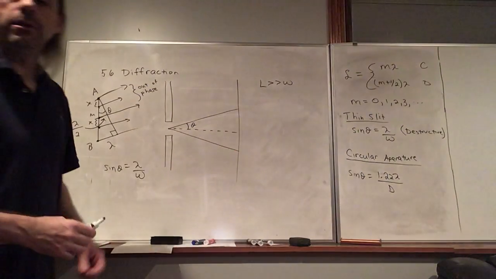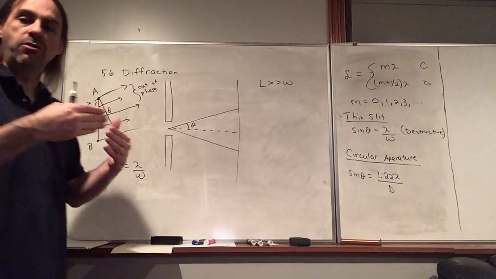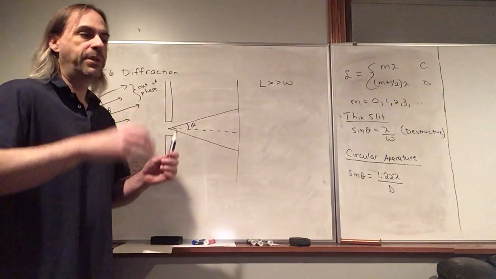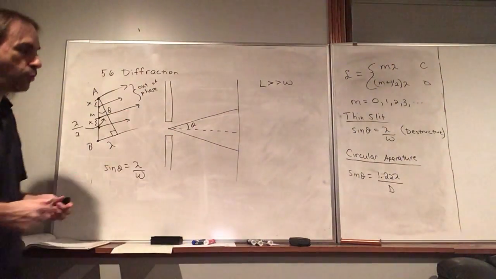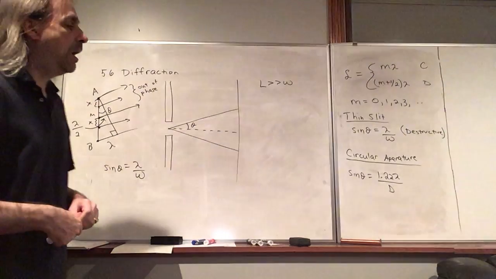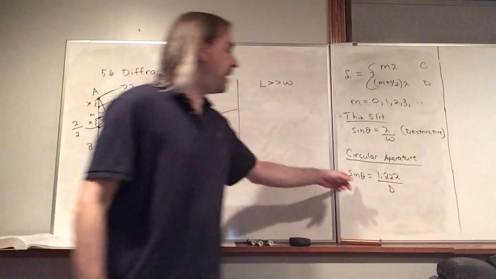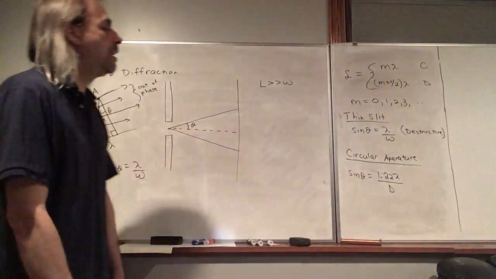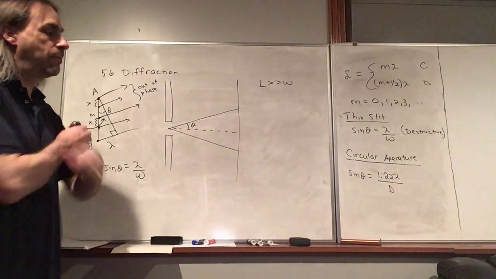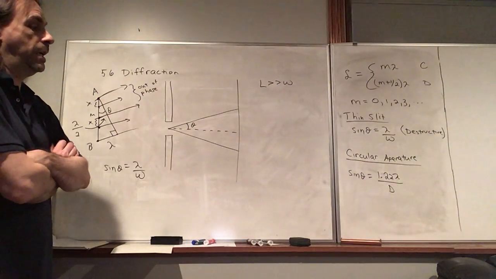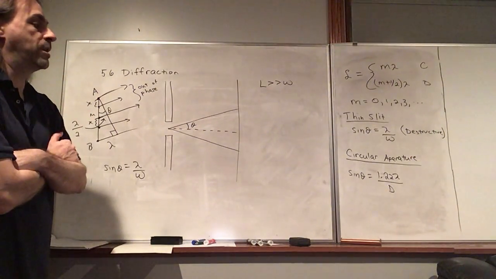It involves calculus. You have to look at a plane wave, which is a two-dimensional surface, and look at each point and add it up. It's pretty complicated, so I'm just stating the result. Sine of theta is 1.22 lambda over d. The reason we're stating this result is, of course, just because of the importance of it.